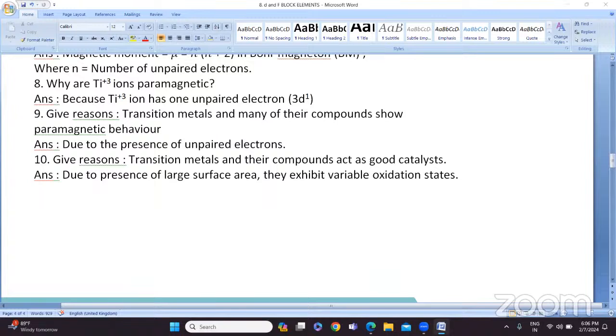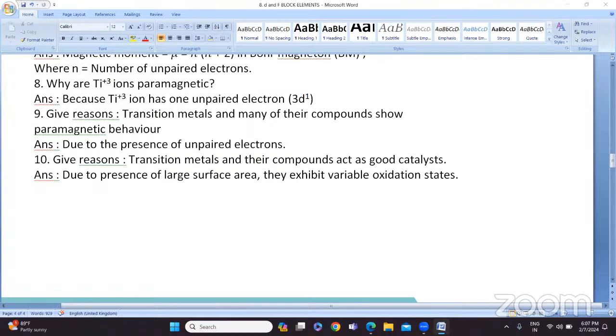Another question: transition elements form complex compounds. Another question: transition metals and their compounds are used as catalysts. So these are some of the important give reason type of questions.